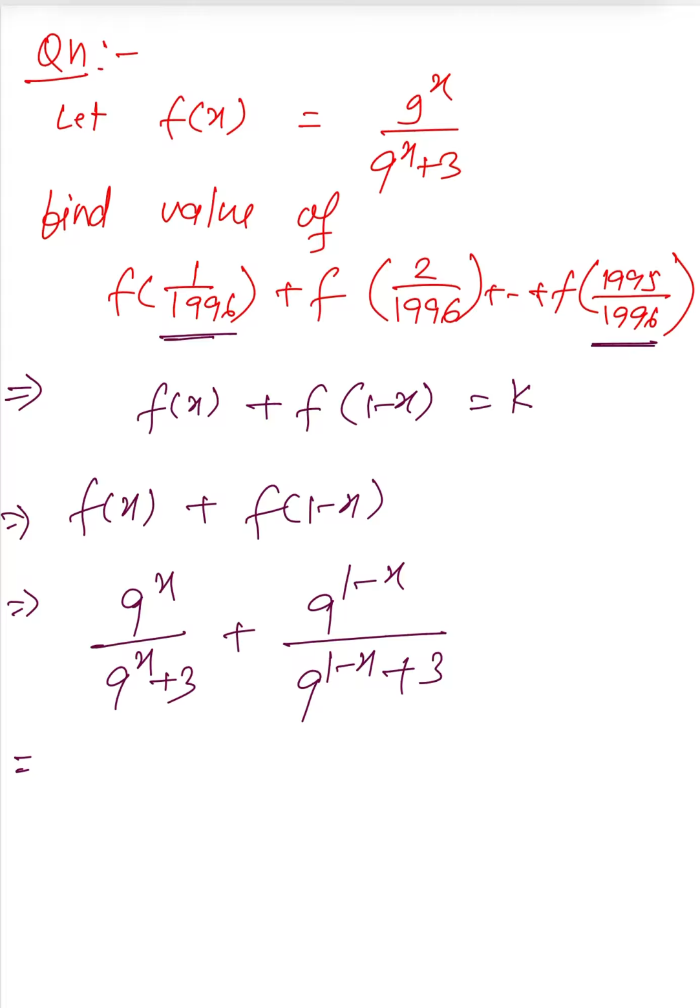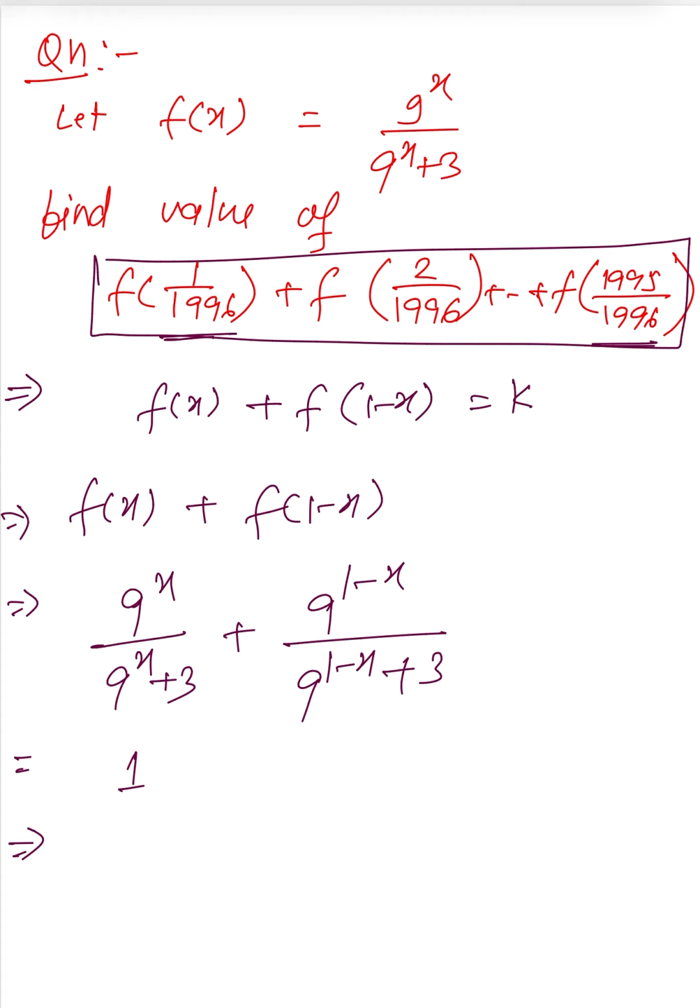After simplification of these quotients, you will get the value as 1. So f(x) plus f of 1 minus x in this question is 1 after simplification, and then you have to find the value of this expression.